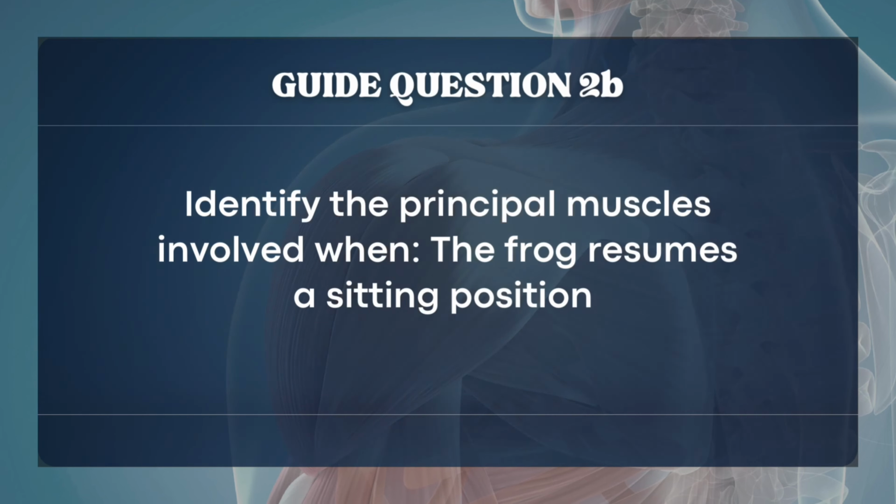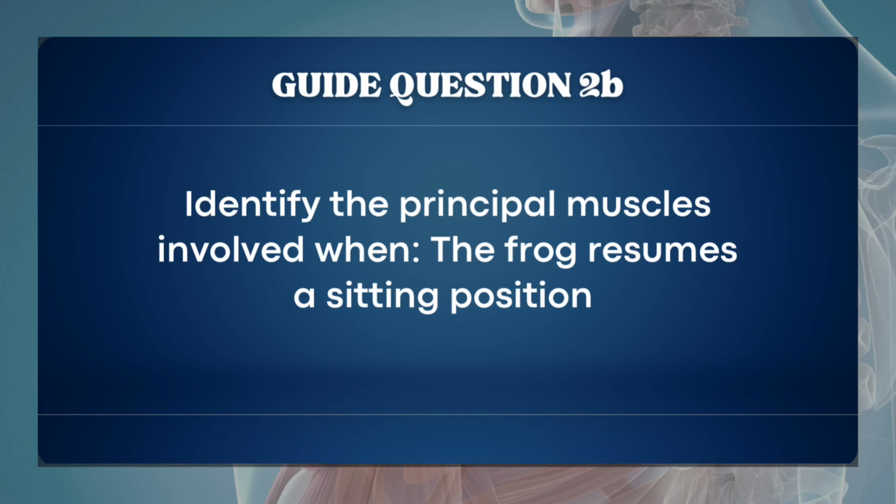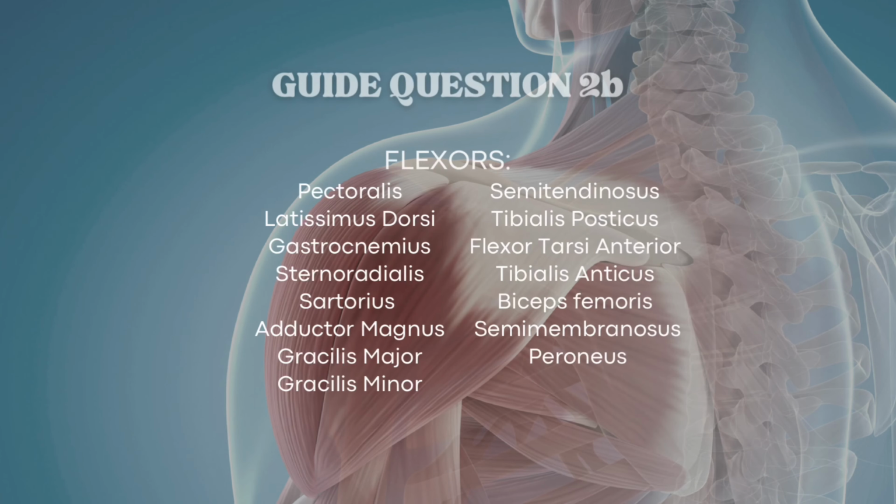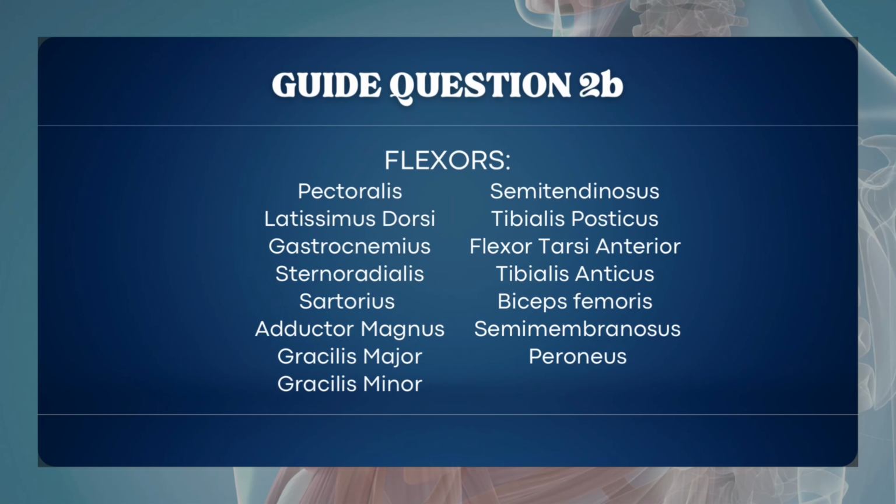For guide question 2B, identify the principal muscles involved when the frog resumes a sitting position. The principal muscles involved when a frog resumes a sitting position are muscles that act as a flexor, and these are: 1. Pectoralis, 2. Latissimus dorsi, 3. Gastrocnemius, 4. Sternoradialis, 5. Sartorius, 6.